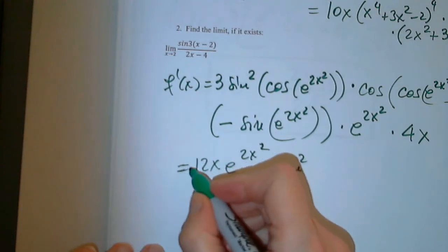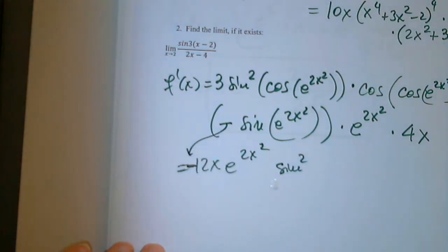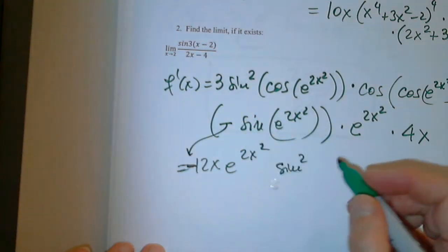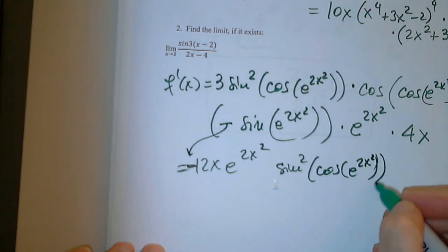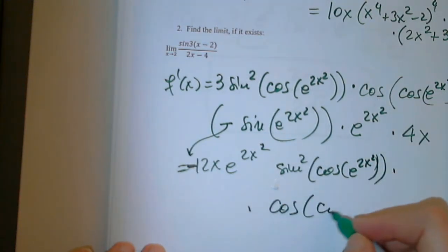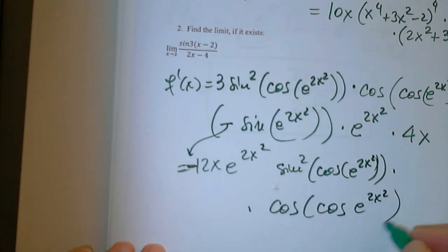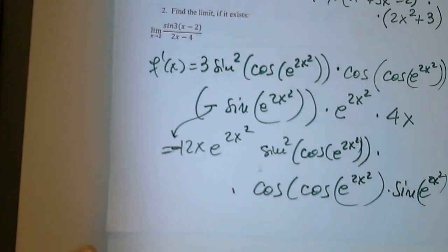So I'm going to write minus in front, this minus, and then sine squared of cosine of e to 2x squared, and then times cosine of e to 2x squared, and then finally times sine of e to 2x squared. And that's final.